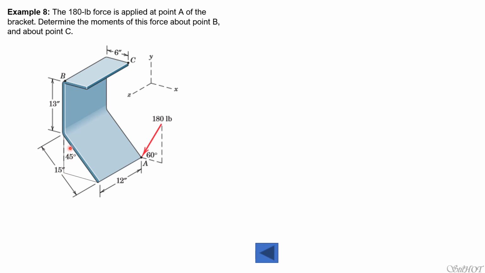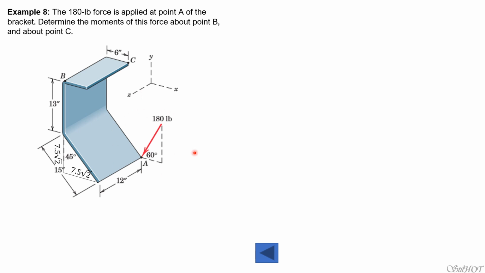Each is 15 cosine 45, which is equal to 7.5 square root of 2. So the horizontal is 15 sine of 45, the same as 15 cosine 45, 7.5 square root of 2 inches.